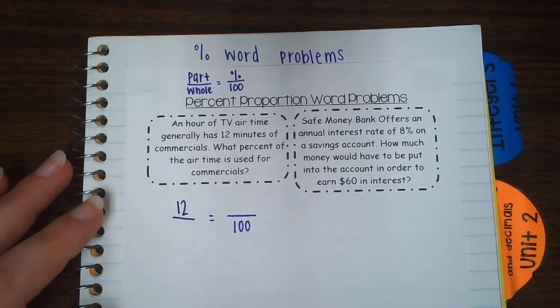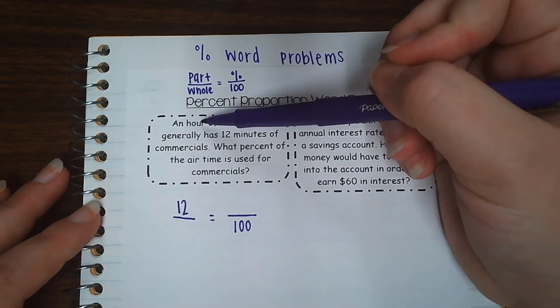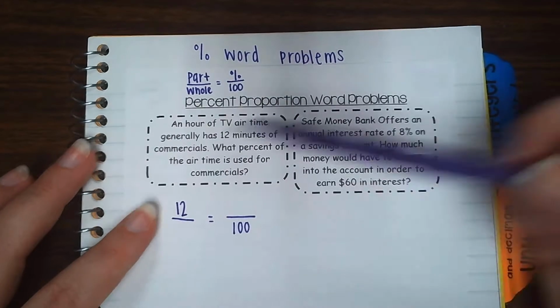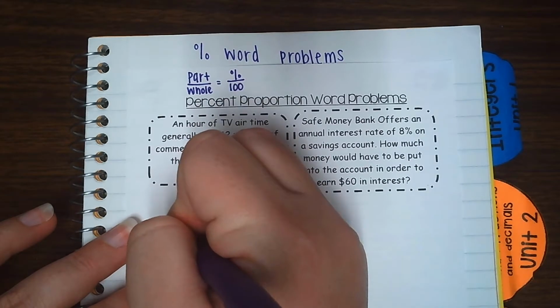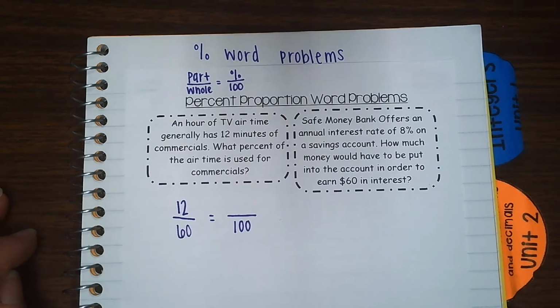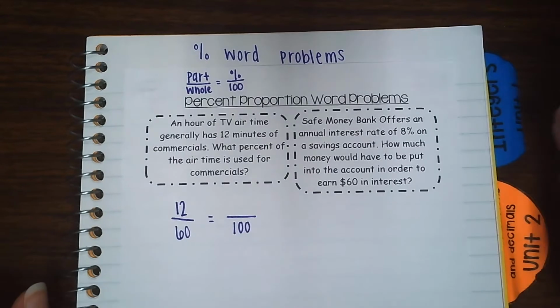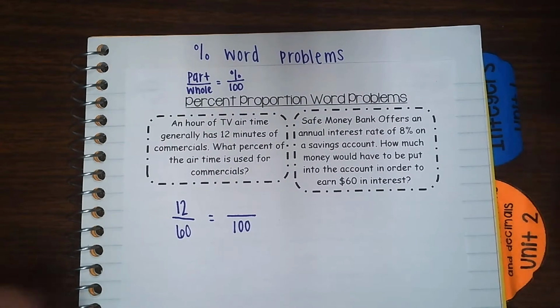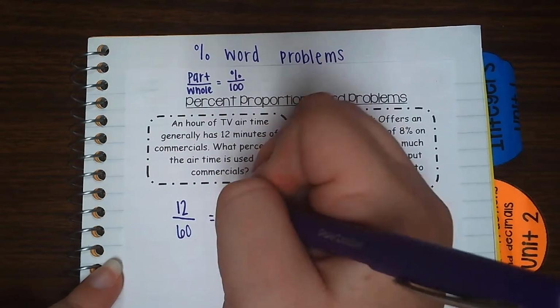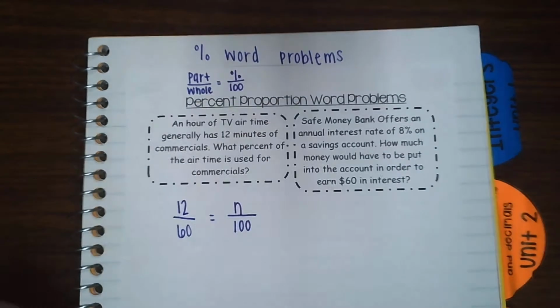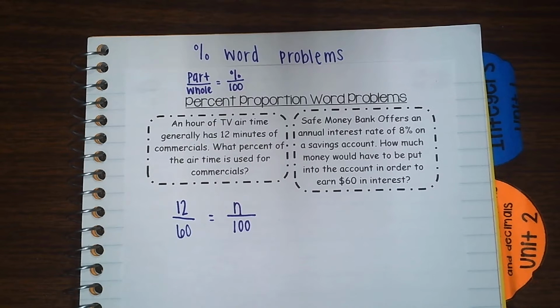And the whole amount of airtime is 1 hour. But since this is 12 minutes, we're going to have to put 60 minutes. Okay, we want to make sure both of these are in the same unit. And we're looking for the percentage, so N goes on top of 100.